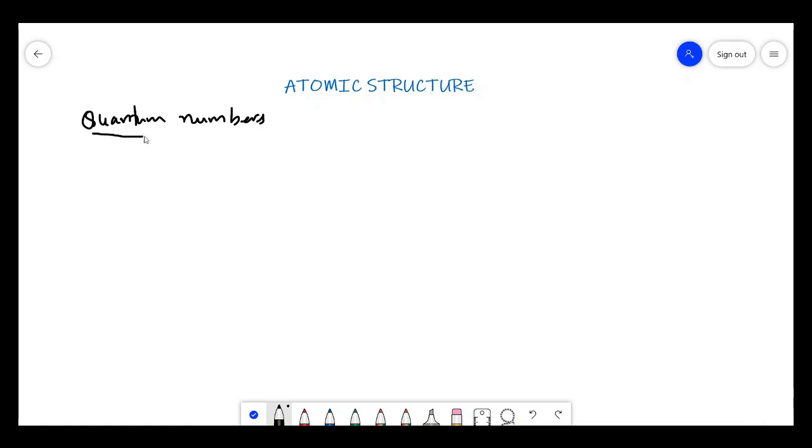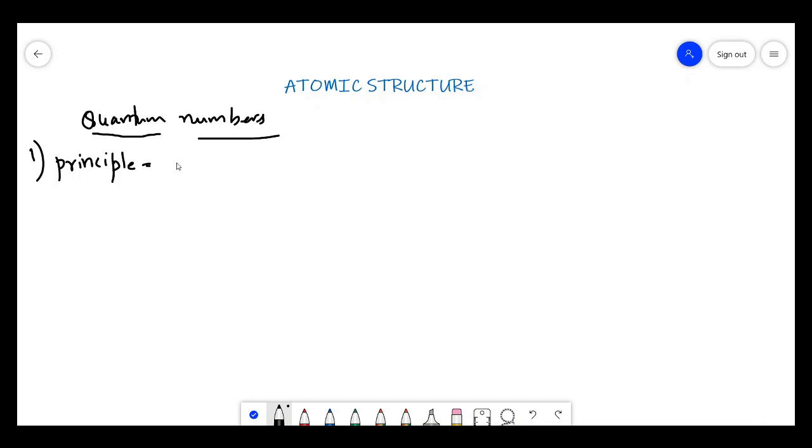So in the quantum numbers, the first quantum number is the principal quantum number. The important point is it was proposed by Bohr and denoted by the letter n. n has values 1, 2, 3, and so on, or represented as K, L, M, and so on.